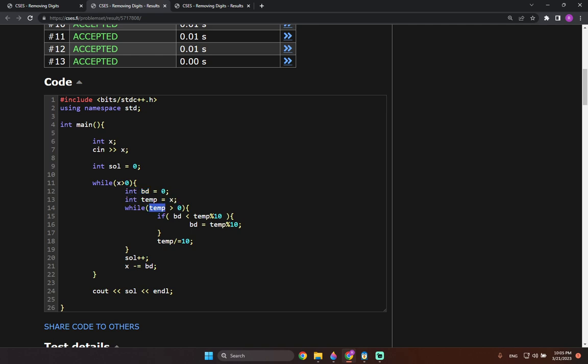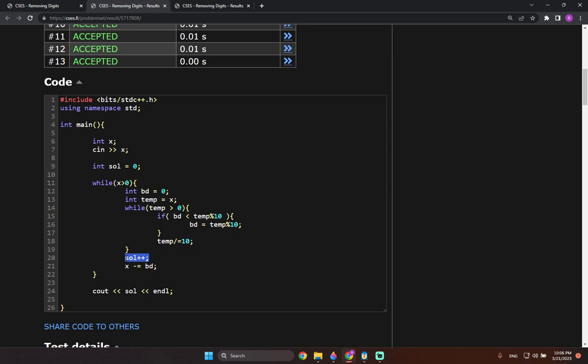As long as this temporary variable is greater than 0, we pick the last digit by doing modulo 10. And if this digit is greater than the biggest digit we found so far, which initially is equal to 0, then the biggest digit is that number. And then by dividing by 10, we're essentially deleting that last digit, and we shift our number to the right.